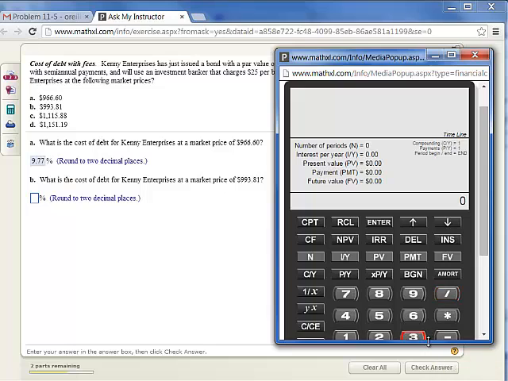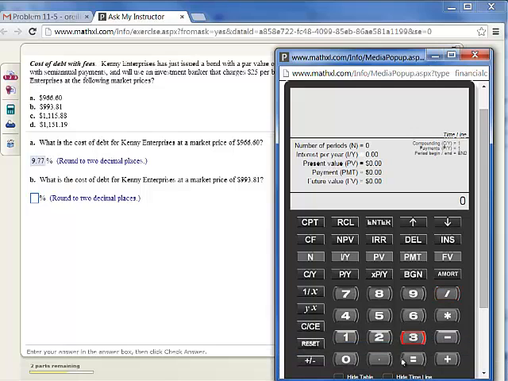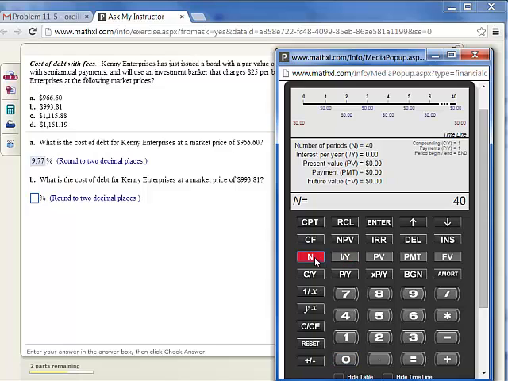What we do with the calculator is we click on 40, it enters in the line above, then we click on N for the number of periods. You can see that it has now shown up in the bar. Interest per year, that is the yield or the cost of debt. We're going to leave that alone.